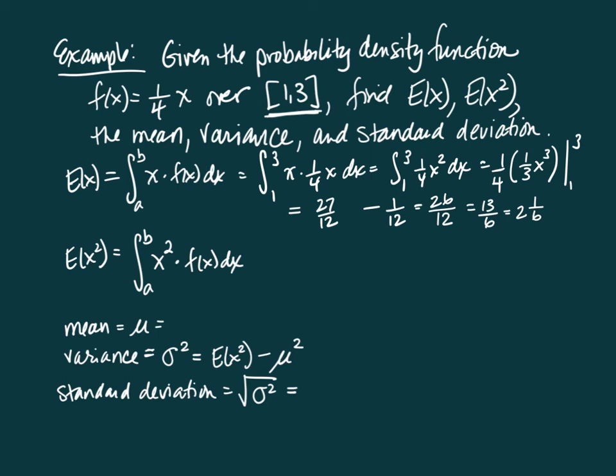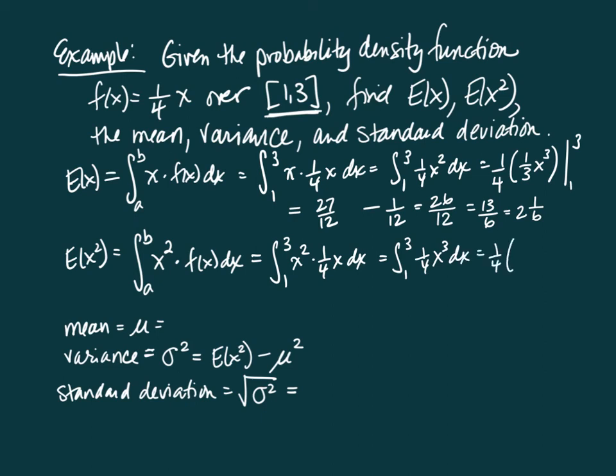Okay? So then I need to compute E of x squared. Again, this is from 1 to 3, and I replace x with x squared, times 1/4 x dx. This gets us the integral from 1 to 3 of 1/4 x cubed dx. So I need to do that computation.